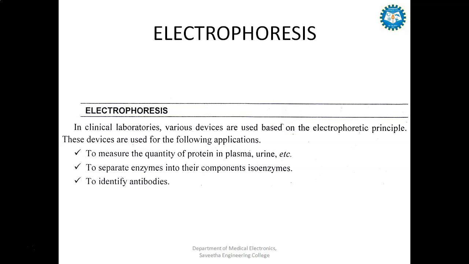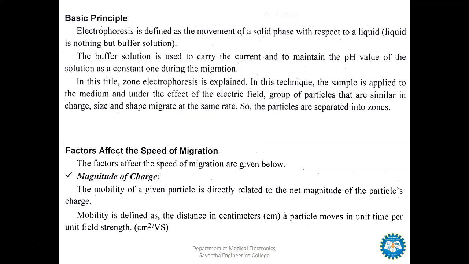These devices are used for the following applications: to measure the quantity of protein in plasma, urine, etc., to separate enzymes into their components, isoenzymes, and to identify antibodies.